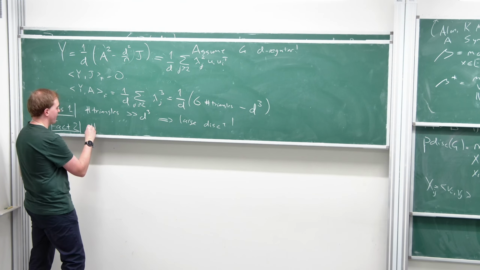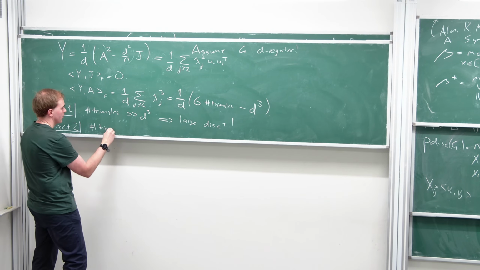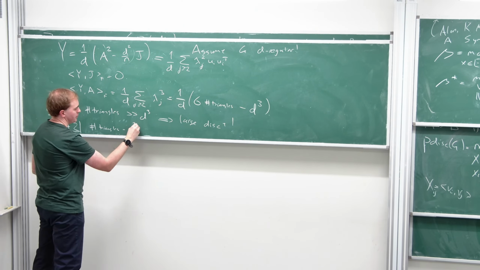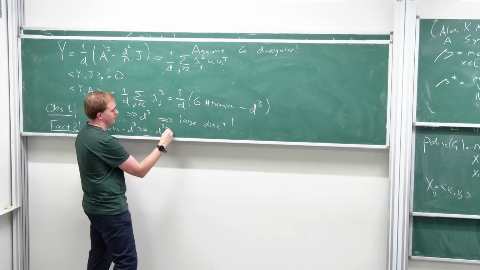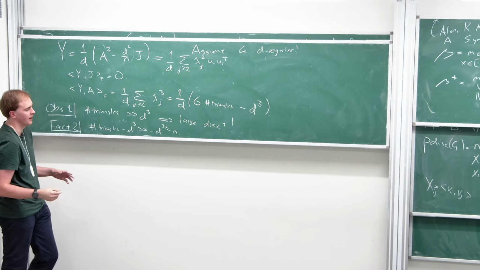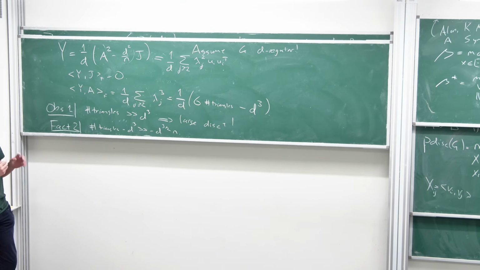So if the number of triangles minus d cubed is much greater than minus d to the 3 halves times n, then we are still sort of safe. If it's within the margin of error from the expected number of triangles, there are some other arguments that can be used to prove it.